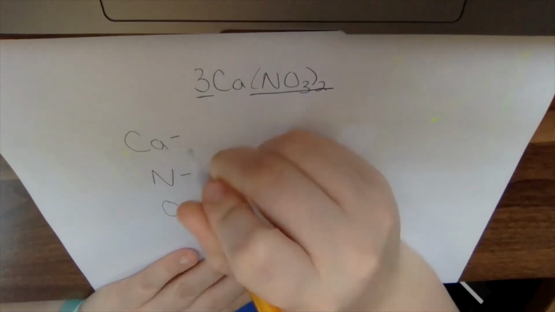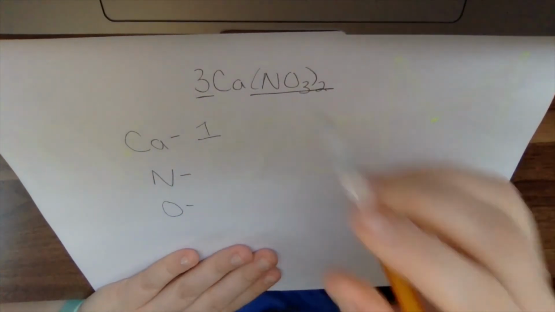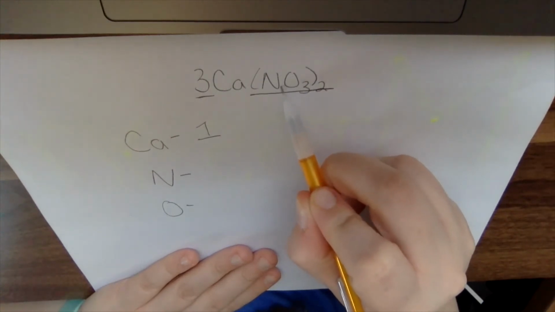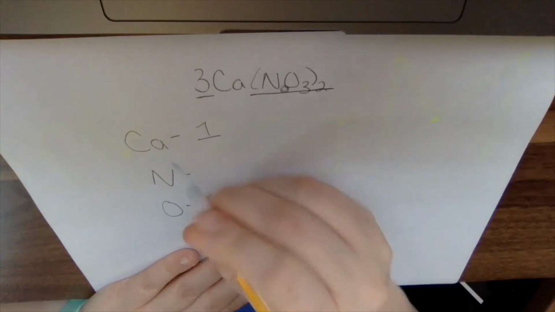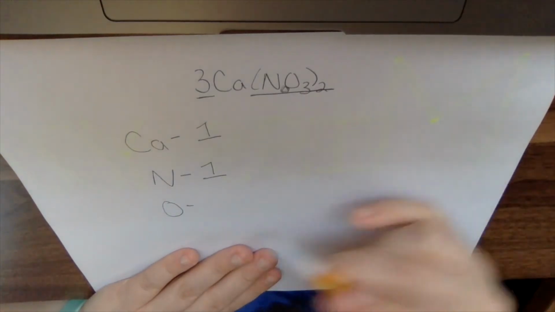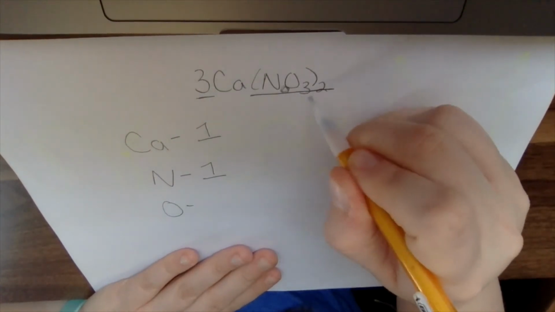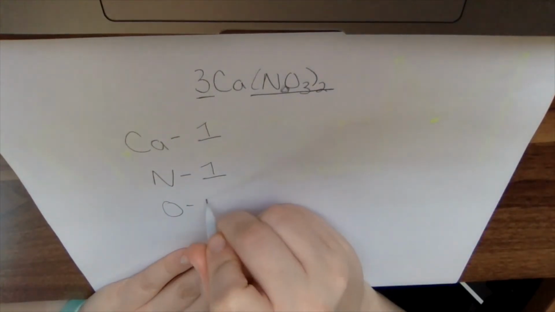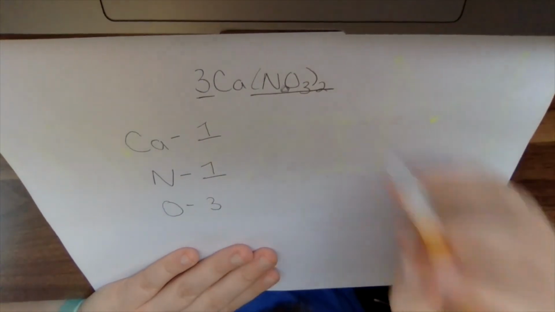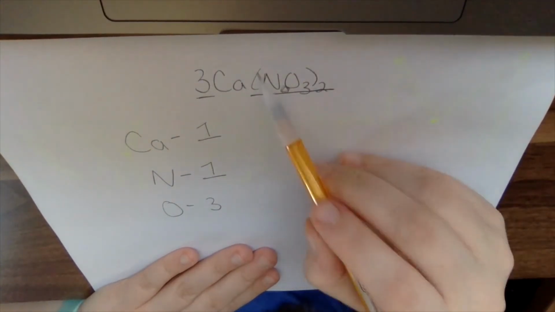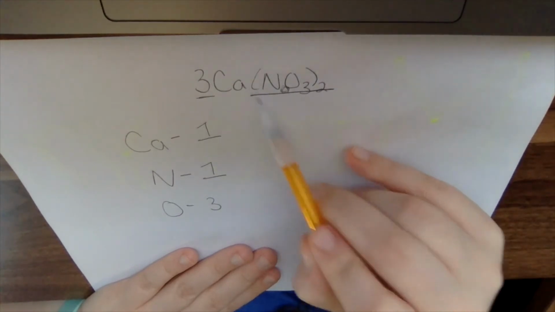So we have to assume it's 1. So Ca is 1. N, right now, there is nothing, so N has 1 for its subscript. And then oxygen, we have a 3 here. So 1, 1, 3.